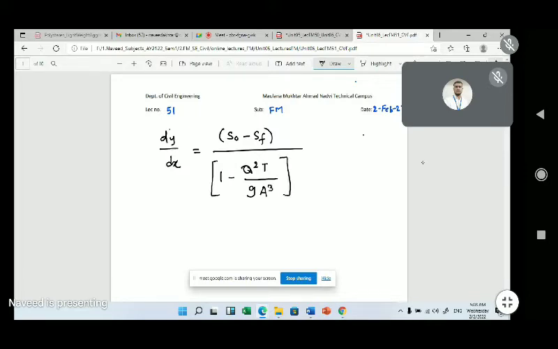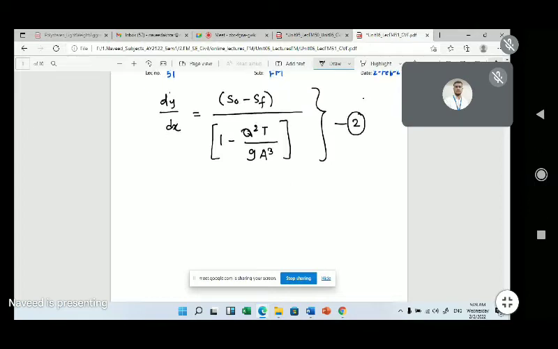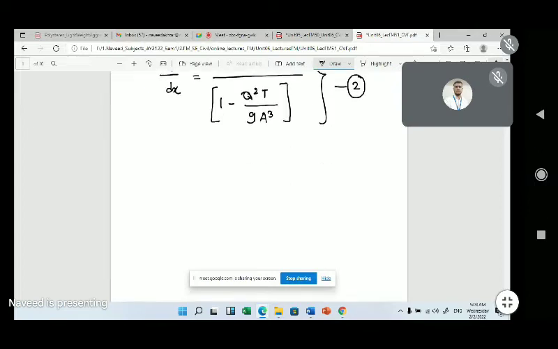So we derived this dynamic equation for gradually varied flow yesterday. Okay, so you can write down a note for this equation.